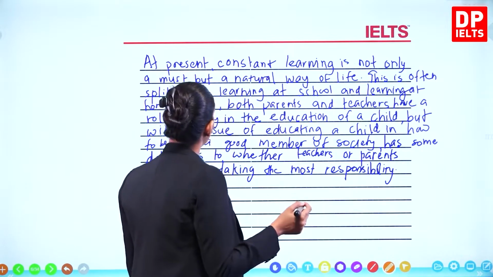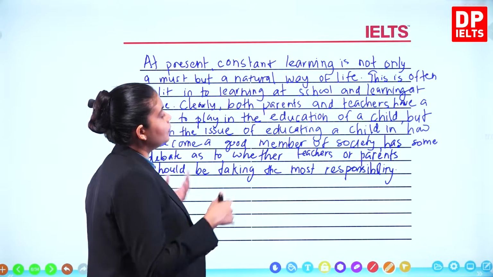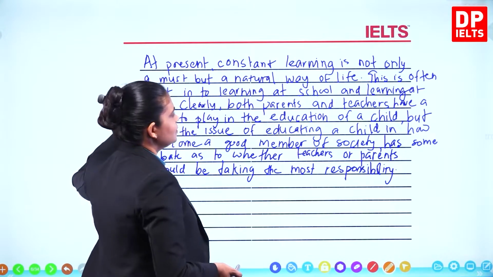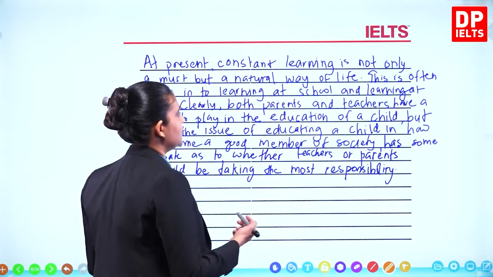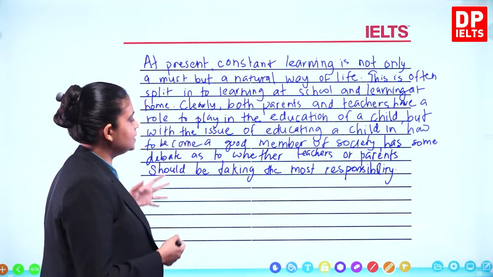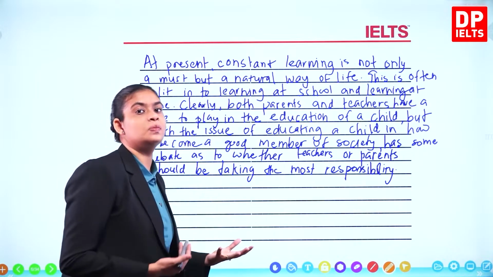Right, so what I have done here is I've written the intro. I'm not putting my opinion as such. What I'm saying is, okay, there's a general statement, and then you talk about how both aspects are being considered in society. And society has this perception as to who is more responsible.